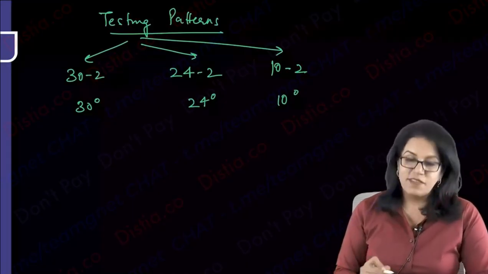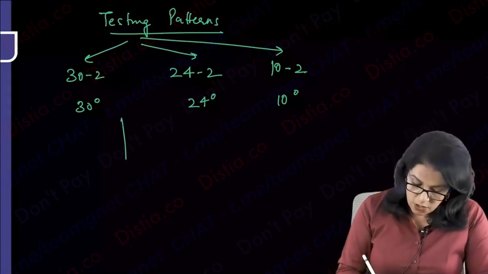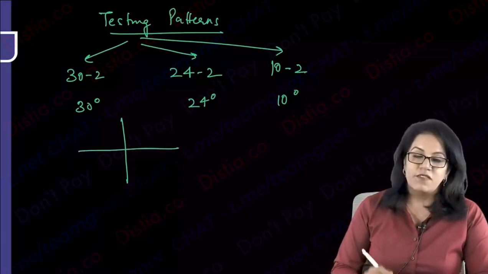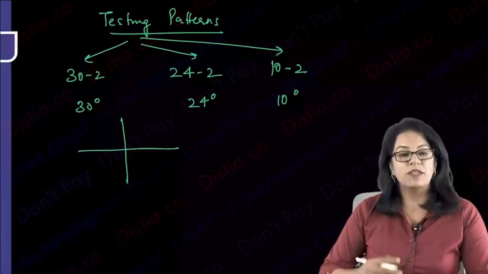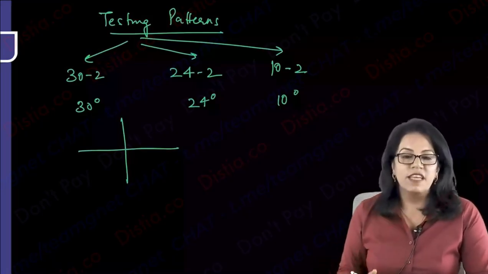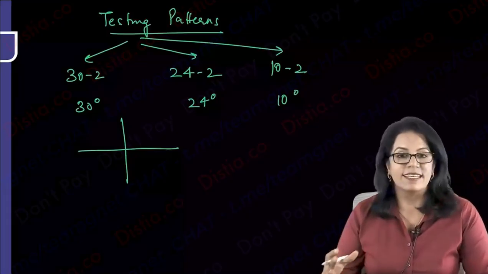Now, what is -2 every time? -2 means that my testing points are not on the vertical and horizontal meridian. So what happens? It will not cause any confusion, in the sense that I can comment on the hemifield status, where I can divide the superior field and the inferior field cleanly and discuss and present the test results.